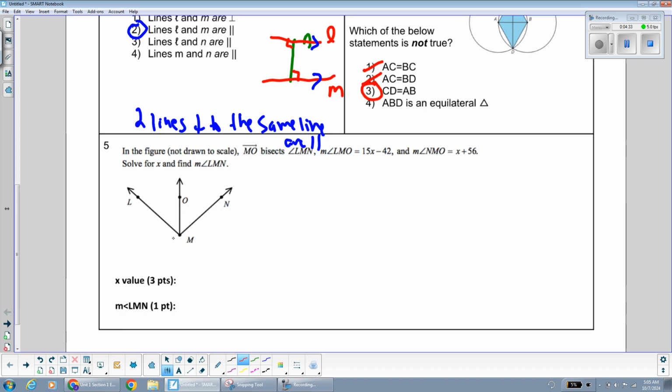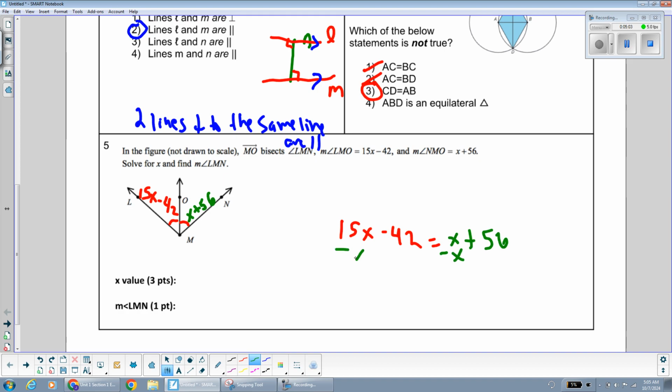MO bisects angle LMN. So it's being split into two equal parts. Measure of angle LMO is 15x minus 42. And measure of angle NMO is x plus 56. Both of these halves of the angle are in fact equal to each other.